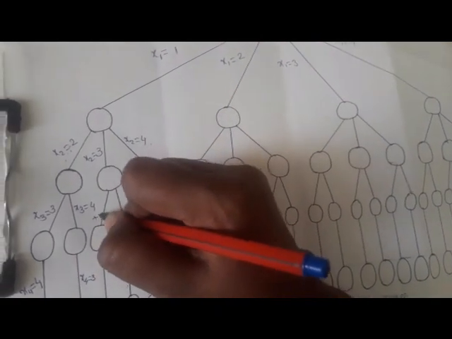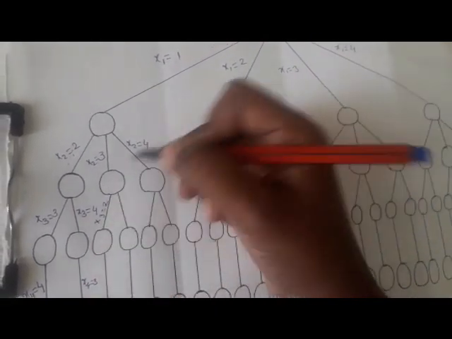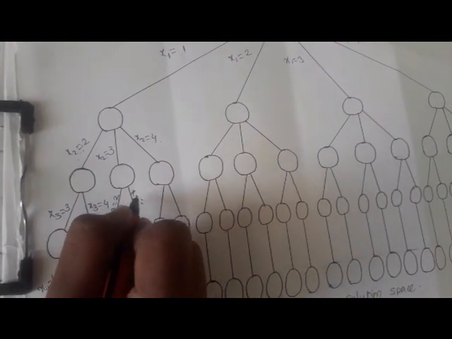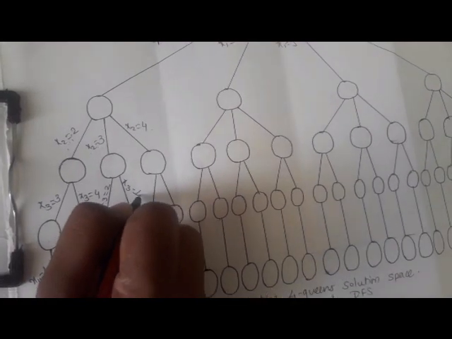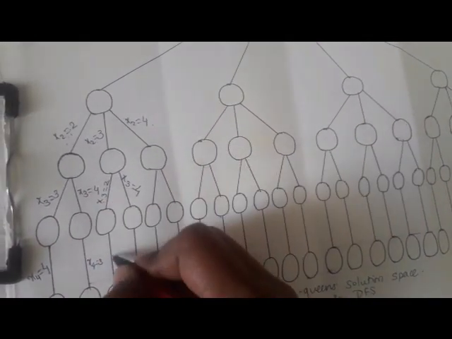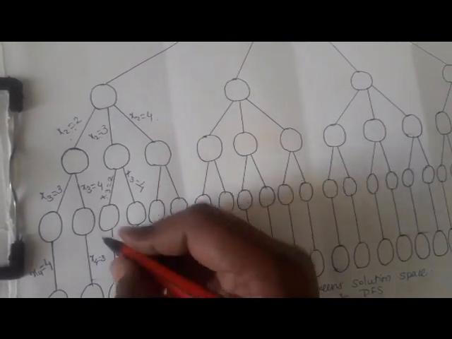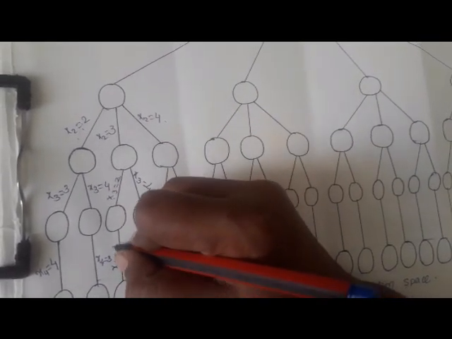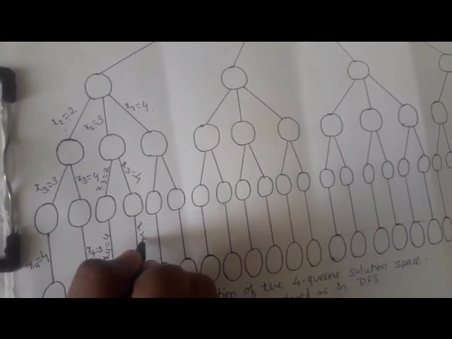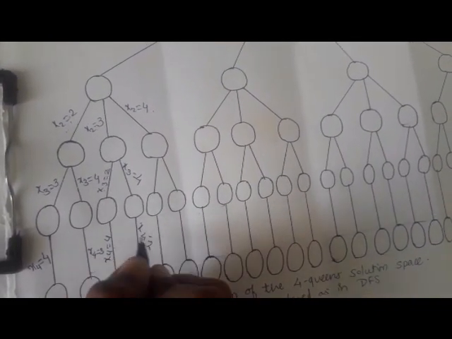So I write here that x3 is equal to 2 and the second path is for x3 is equal to 4. If x3 is equal to 2, then this edge is for x4 is equal to 4 and this edge is for x4 is equal to 2.